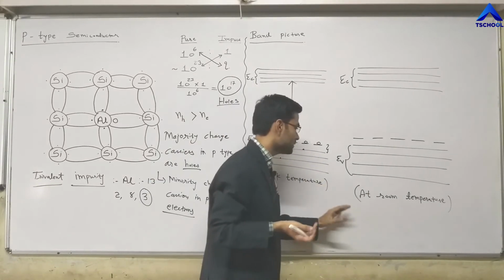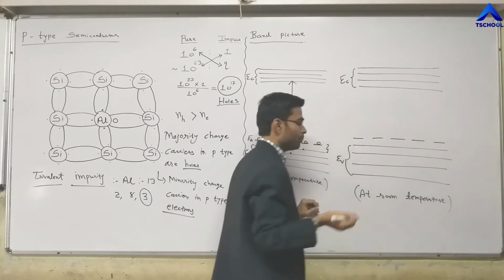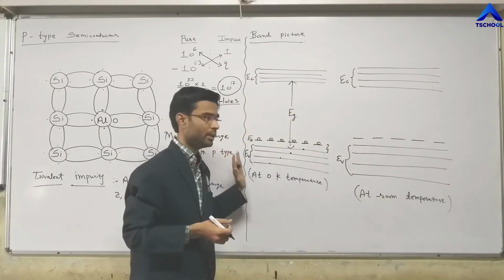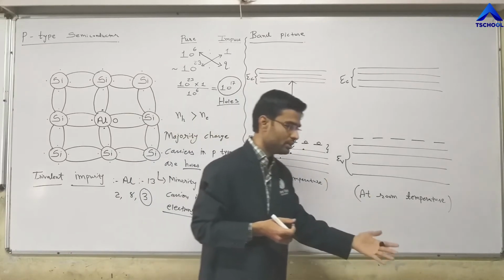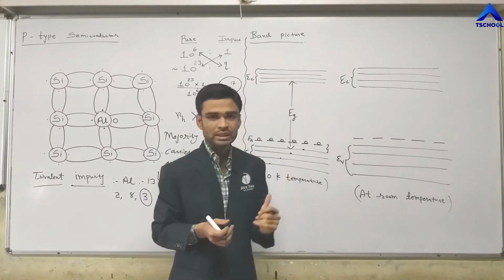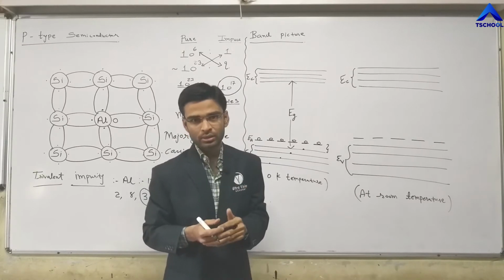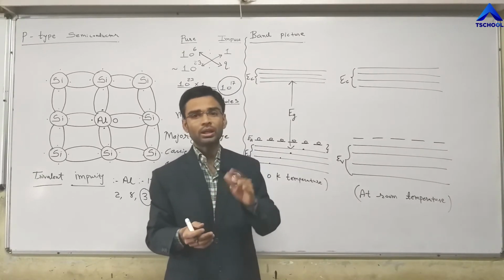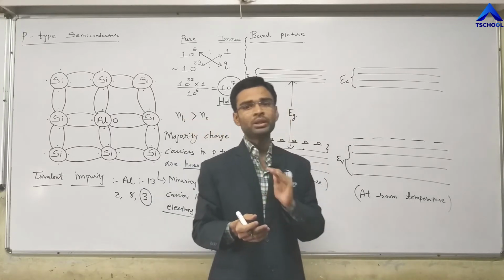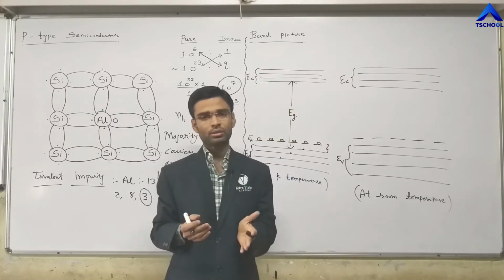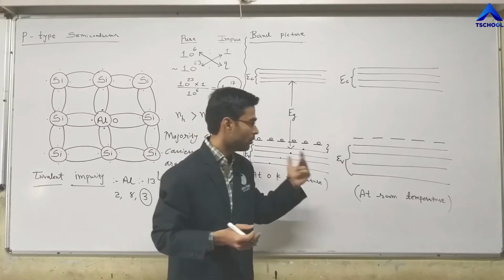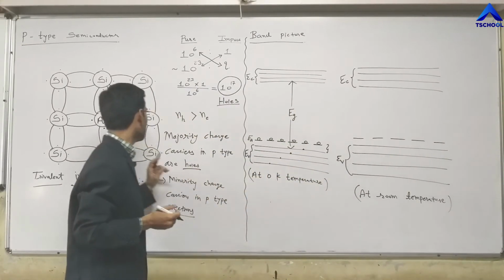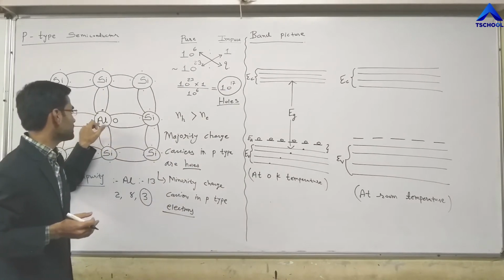Now at room temperature, when we apply a potential difference across this crystal, the temperature increases. Because the temperature increases, the covalent bond breaks, and an electron becomes free from the covalent bond. But that electron jumps to the deficiency of the trivalent impurity, that is aluminum.